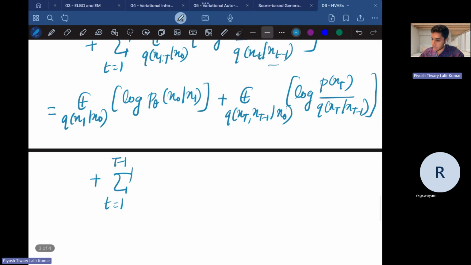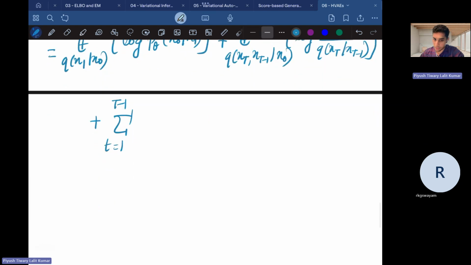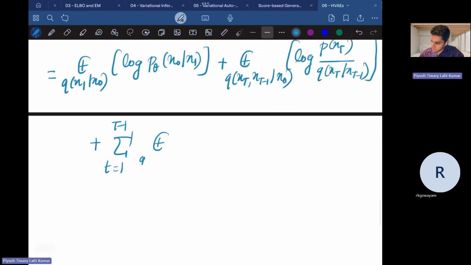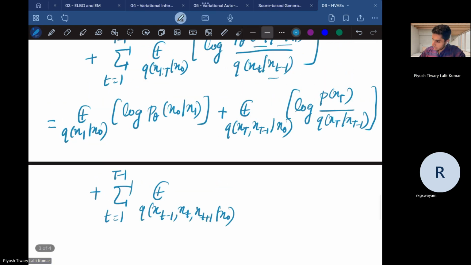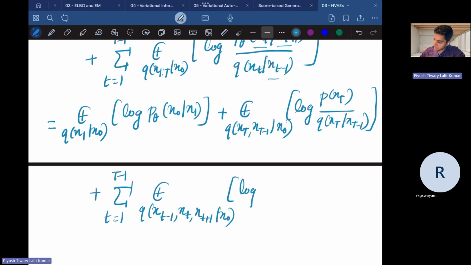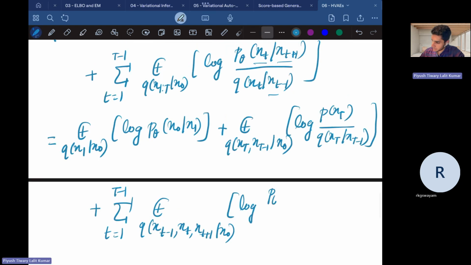So we can take expectation under q of xt minus 1, xt and xt plus 1 given x naught of log of p theta xt given xt plus 1 divided by q of xt given xt minus 1.